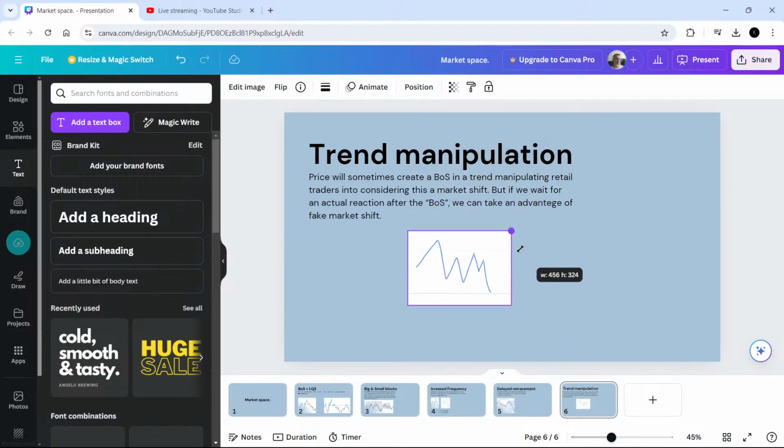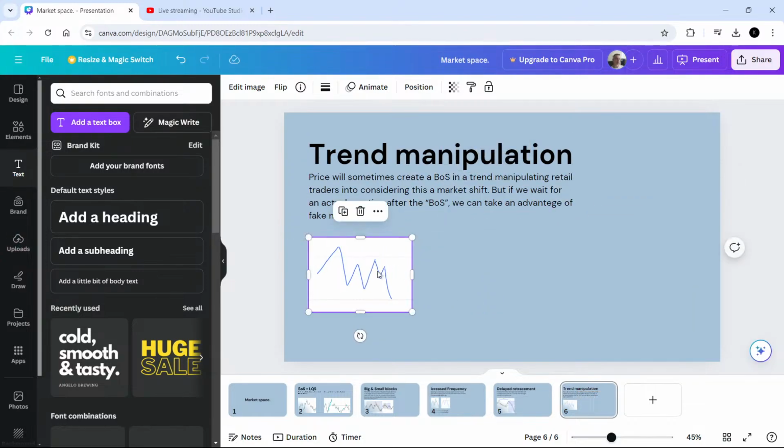I'll probably have to mark out some more stuff. So basically in the downtrend, price would create this break of structure. Okay, so yeah, it will create a break of structure, but this is actually liquidity.